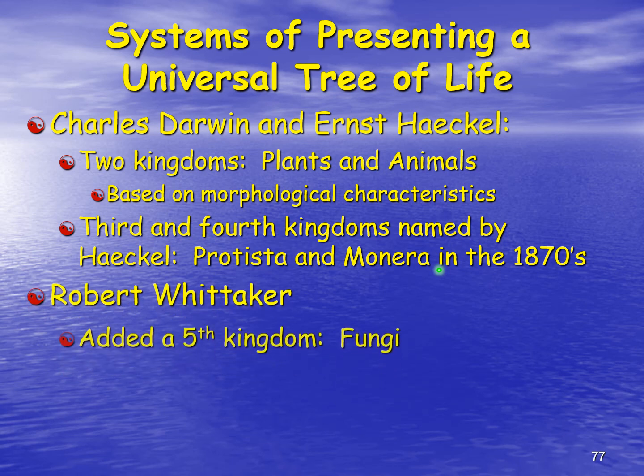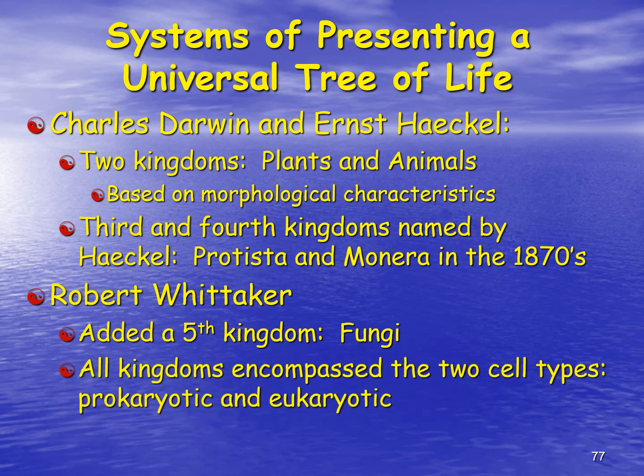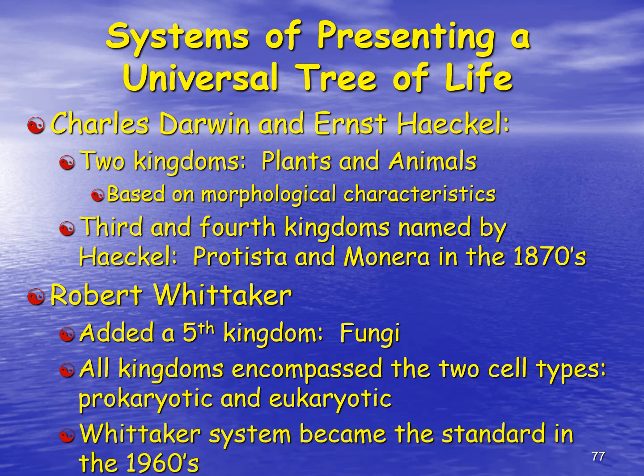Robert Whittaker added a fifth kingdom a little later on, and this was fungi under the domain of Eukarya. And so now we had the plants, the animals, the Protista, which was kind of the catch-all drawer, and the fungi. All kingdoms encompass the two cell lines of prokaryotes and eukaryotes.